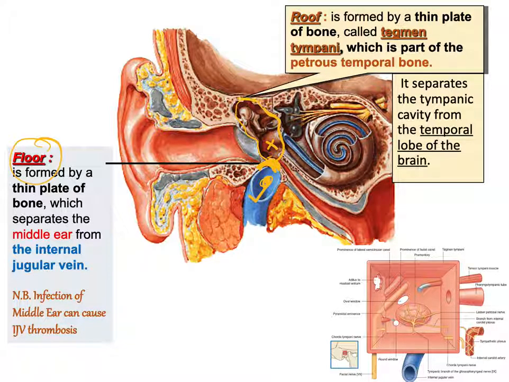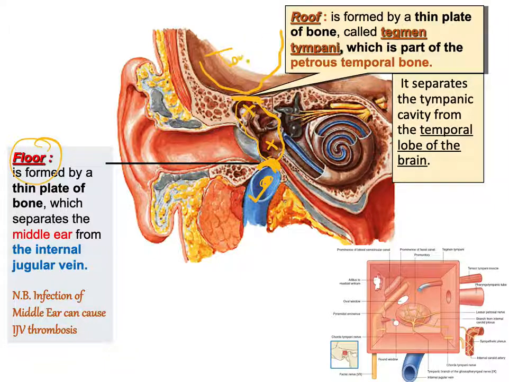But what about the roof? This is the roof of the middle ear, formed also by a thin plate of bone, similar to the floor, but it separates the middle ear not from the internal jugular. No, it separates the middle ear from the temporal lobe of the brain.